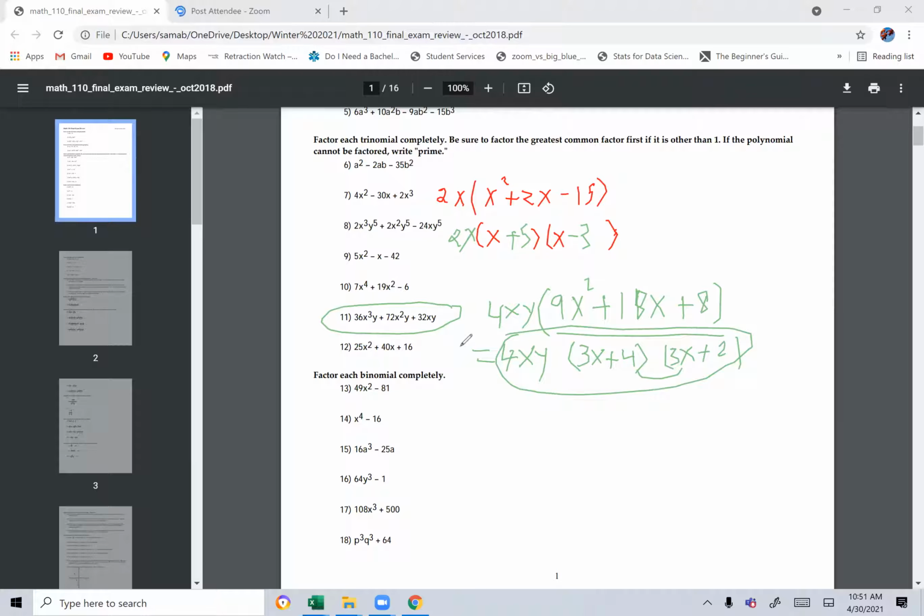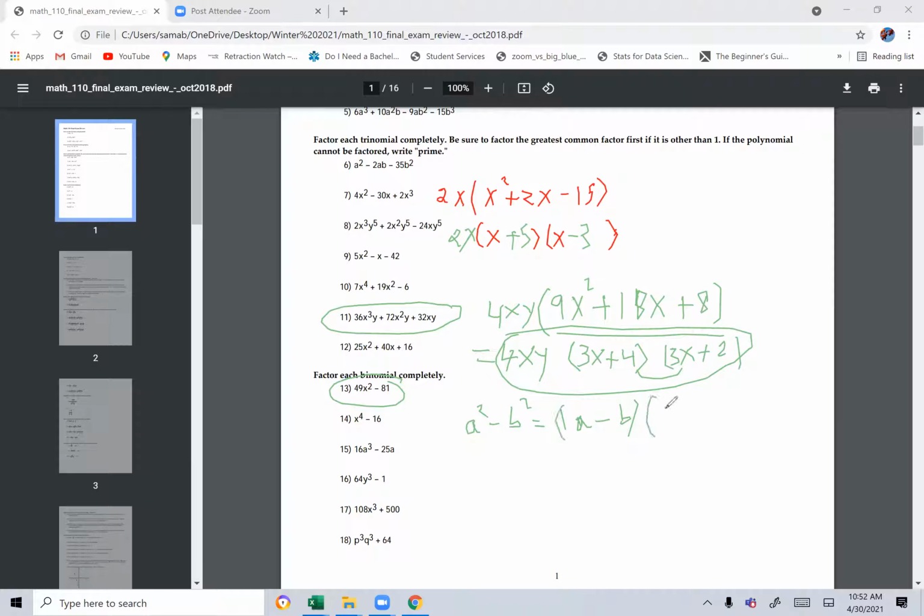Okay, let's go to 13 to 18. These are special factorizations. For example, 13 is a difference between two squares. You need to know the formula: a squared minus b squared equals a minus b times a plus b.